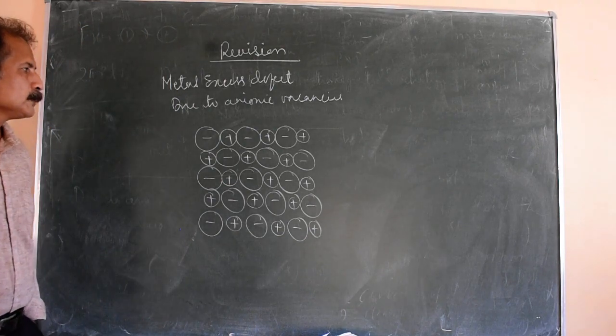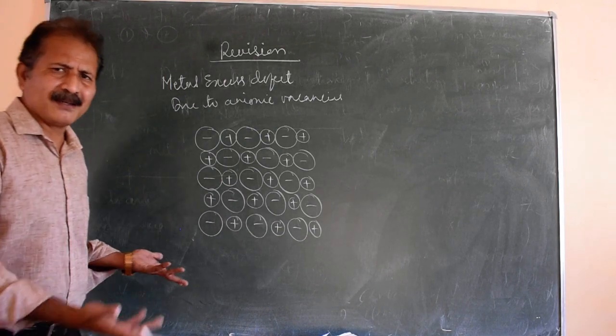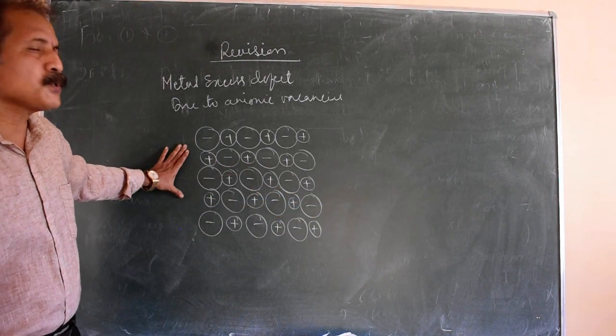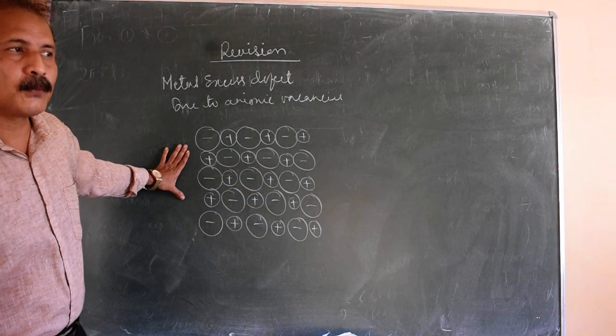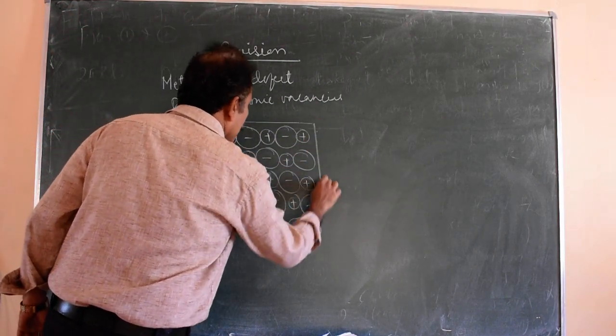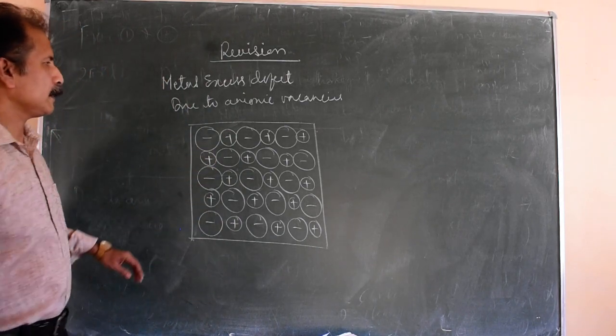Okay, so let us say it can be NaCl or KCl. Let us say it is NaCl. If it is exposed to vapor of sodium, then what happens? Let me just draw the structure like this.